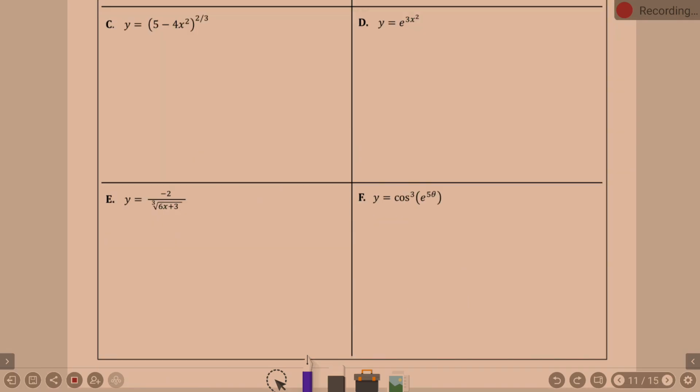C. Y equals 5 minus 4x squared raised to the 2/3. 2/3, 5 minus 4x squared quantity negative 1/3 times 8. Negative. Yeah.